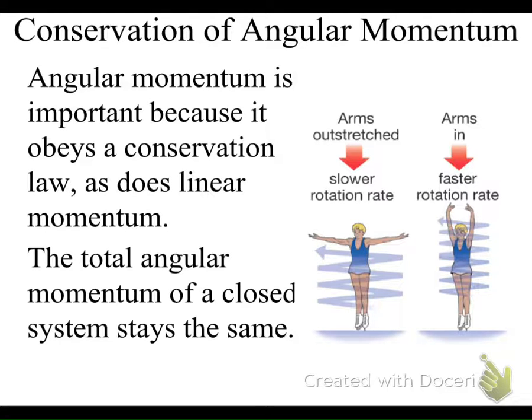They have a certain angular momentum. If they pull their arms in, they have the same angular momentum. But because their radius is smaller, that means their rotational speed is higher. And that's why they spin very, very rapidly, because they pull their arms out, pull their arms in. Are there questions on that?